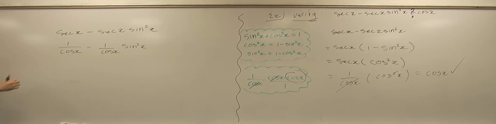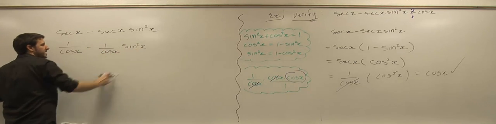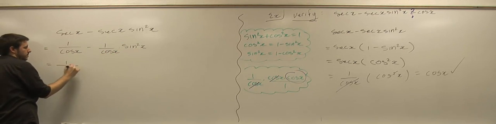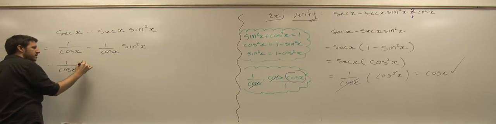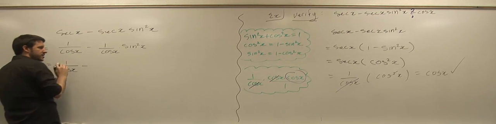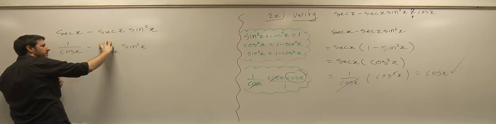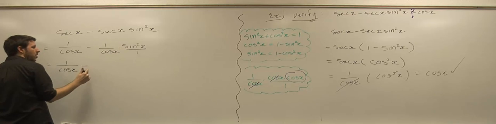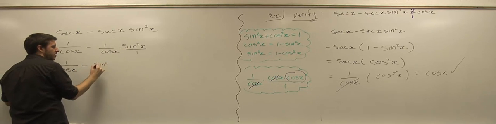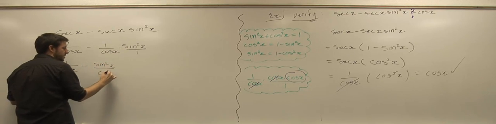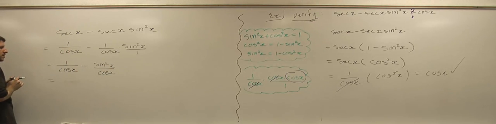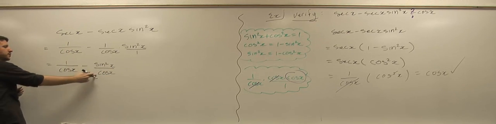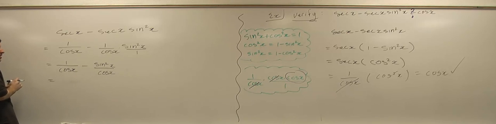How does that play out? What happens then? What's 1 over cos x times sine squared? Remember, when you multiply fractions, you multiply straight across. So if I decide to put in 1 over cos x here, these would get multiplied straight across and become sine squared x over cos x. And now I have two fractions with the same denominator, so how do those add?